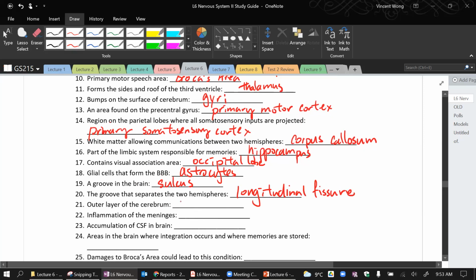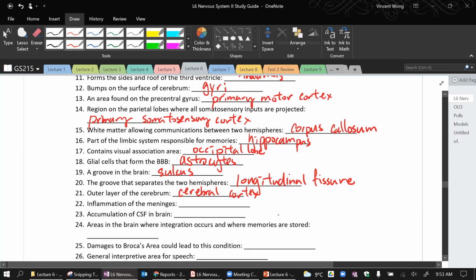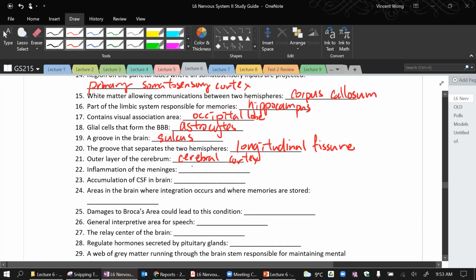Outer layer of the cerebrum is the cerebral cortex and its gray matter. If the meninges have inflammation, we call that meningitis. Accumulation of CSF in the brain is hydrocephalus.